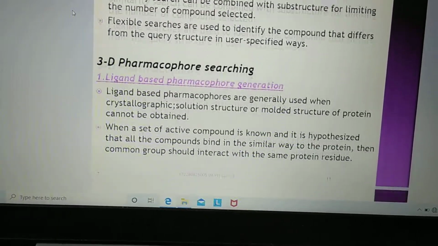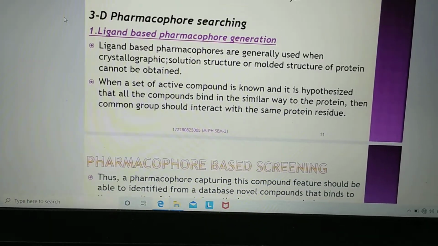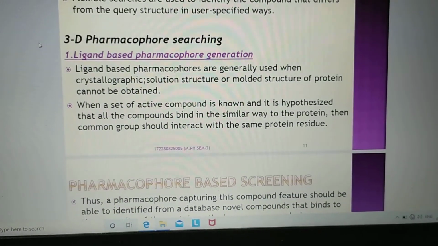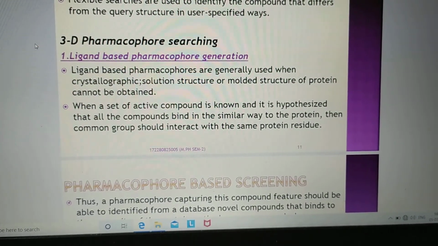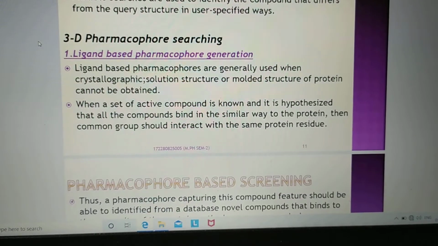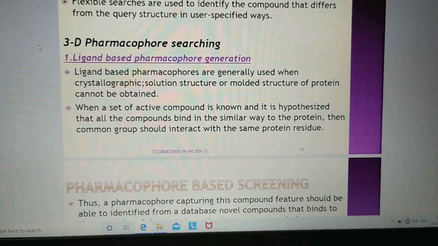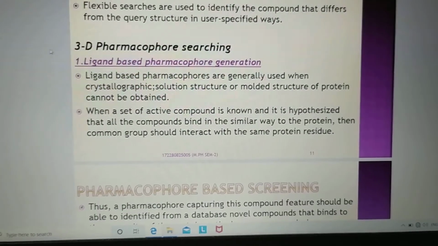3D pharmacophore searching. Ligand-based pharmacophore generation. Ligand-based pharmacophore generation is generally used when the crystallographic, solution structure or modeled structure of the protein cannot be obtained.